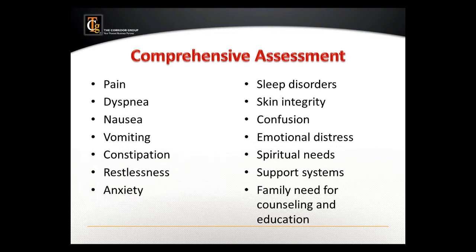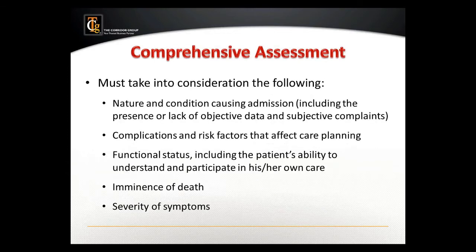If the social worker or the chaplain is refused by the patient or the family, what do you do about that? Well, your nurse then would have to do a comprehensive psychosocial and a comprehensive spiritual assessment. Do you need to use the same forms that the social worker or the chaplain would use?